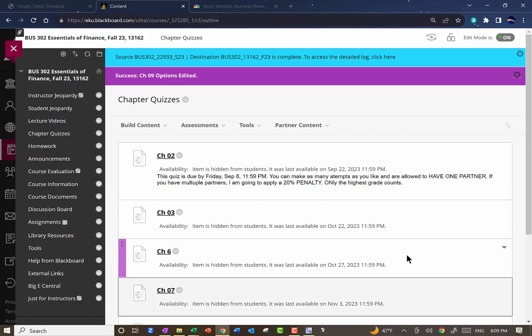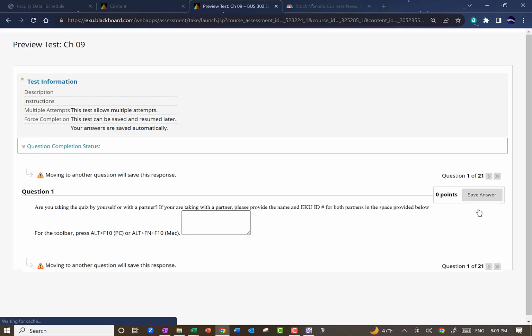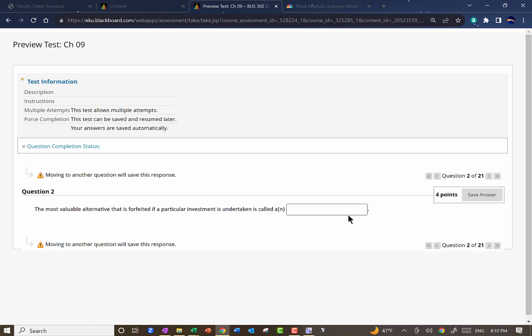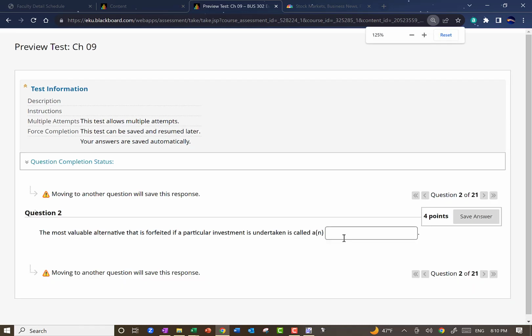Okay, who's going to tell me this? Most valuable alternative that is forfeited if a particular investment is undertaken is called what? We talked about it. The opportunity cost.